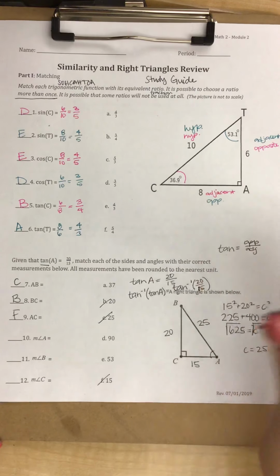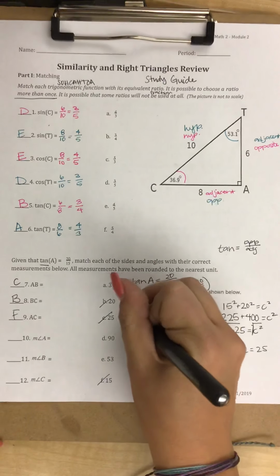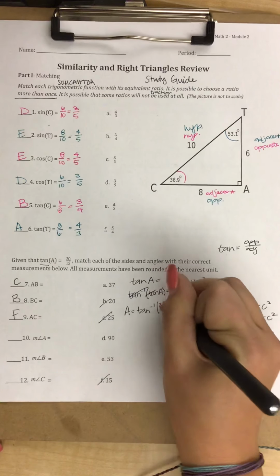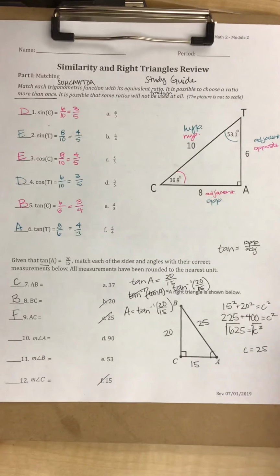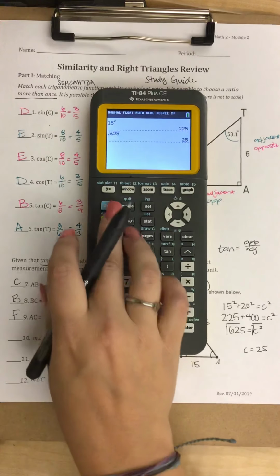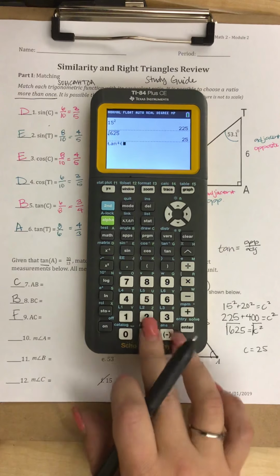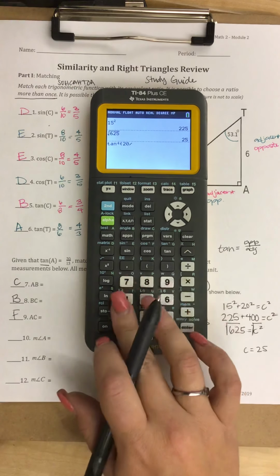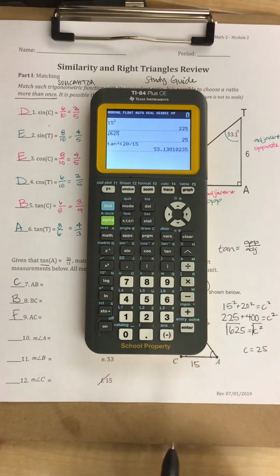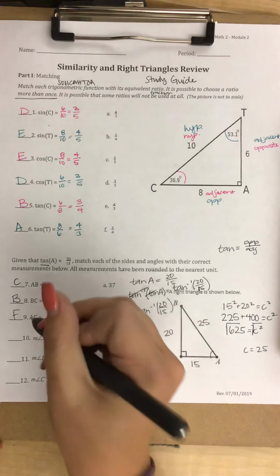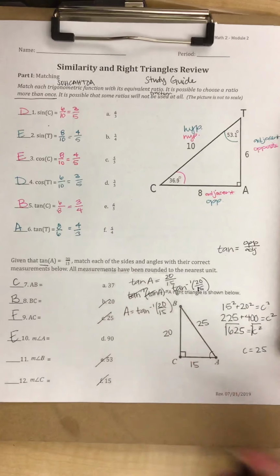So you get A equals the inverse tangent of 20 over 15. You do second tangent, so you have inverse tangent of 20 over 15. You get 53.1, which when we round is E.